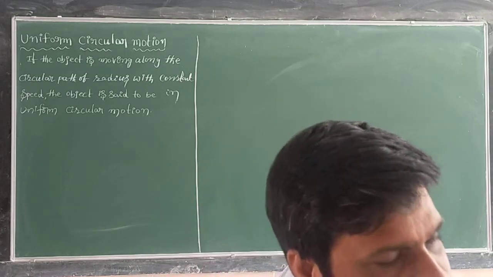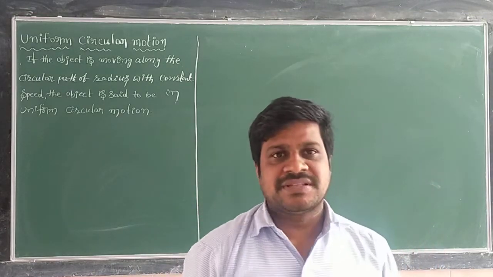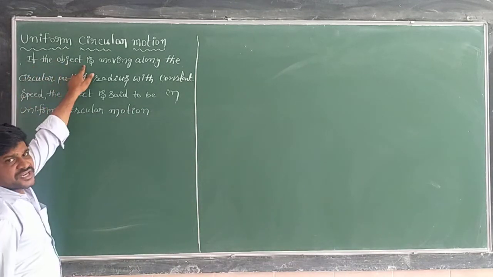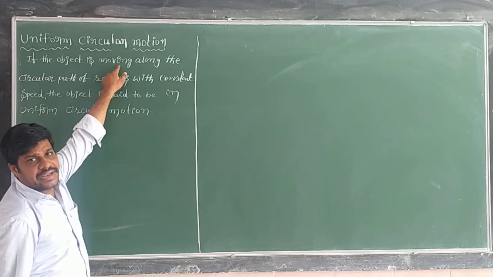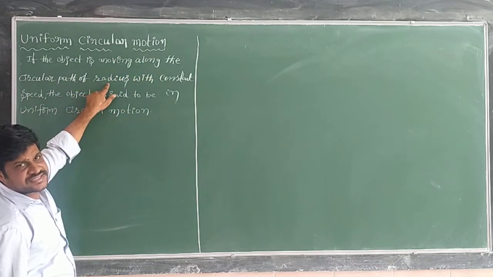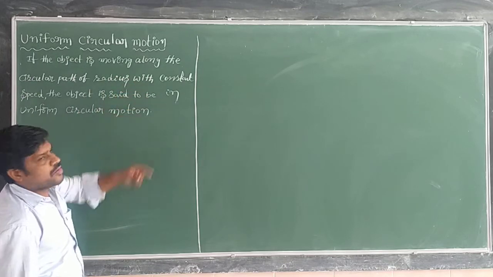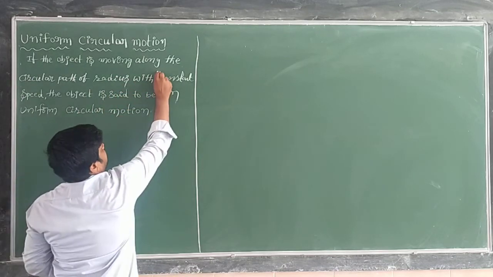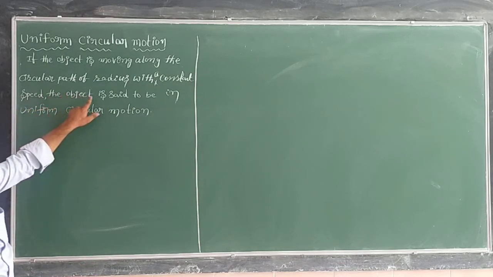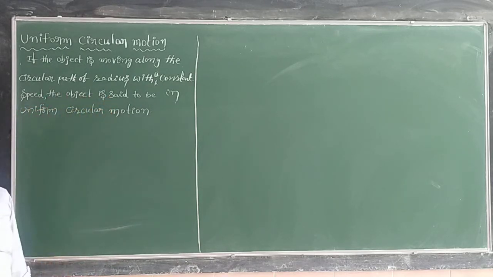What is meant by uniform circular motion? Just to see the definition: if an object is moving along a circular path of radius r with a constant speed, then the object is said to be in uniform circular motion.